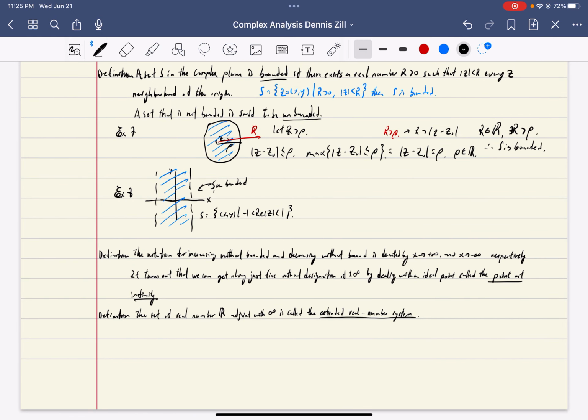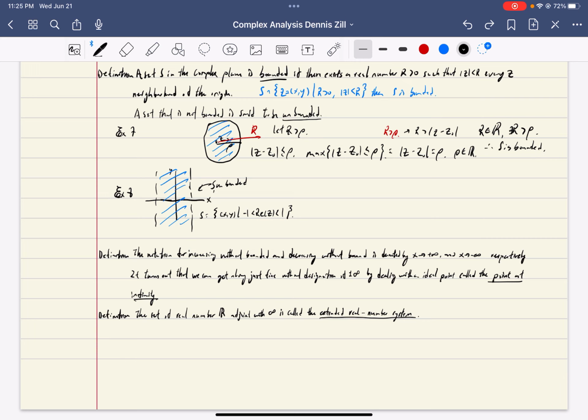Definition: the notation for increasing without bound and decreasing without bound is denoted by x approaches positive infinity and x approaches negative infinity, respectively. Sorry, I can't read my handwriting.